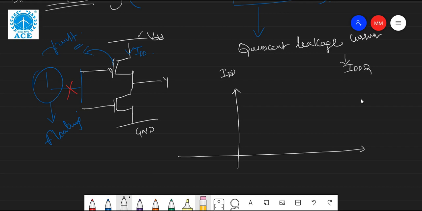This is Vmax, this is VDD, this is Vin. If I take IDDQ here, generally it will flow like this, somewhere very high and then move like this. This will be the normal behavior.